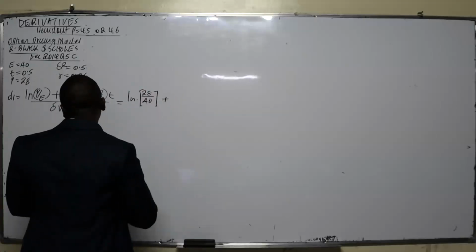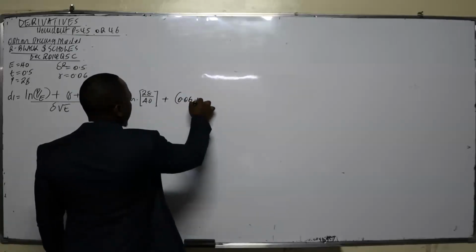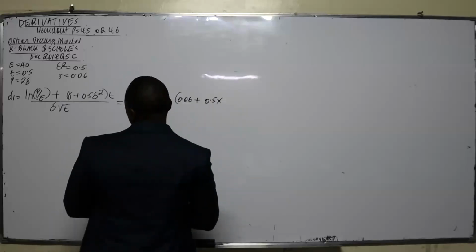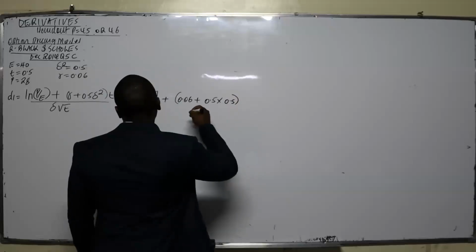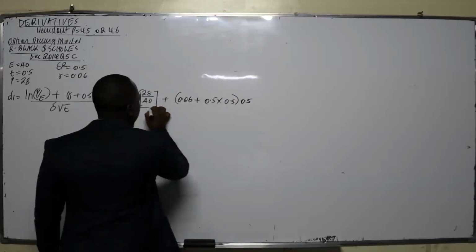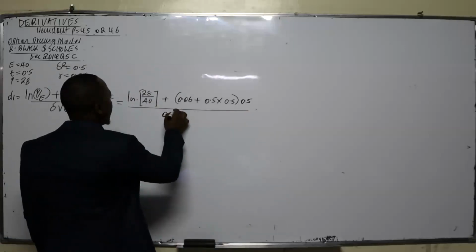Then you add the risk-free rate, 0.06. You add a half of the variance, which we already have as 0.5, multiplied by T, where T is 0.5. Then you divide by the standard deviation.